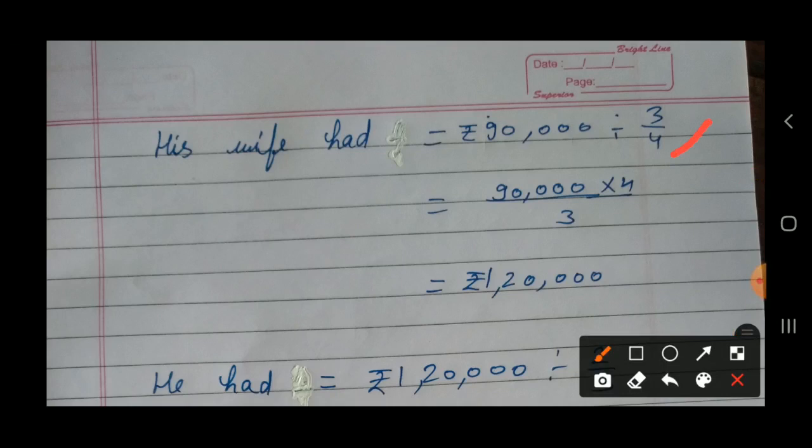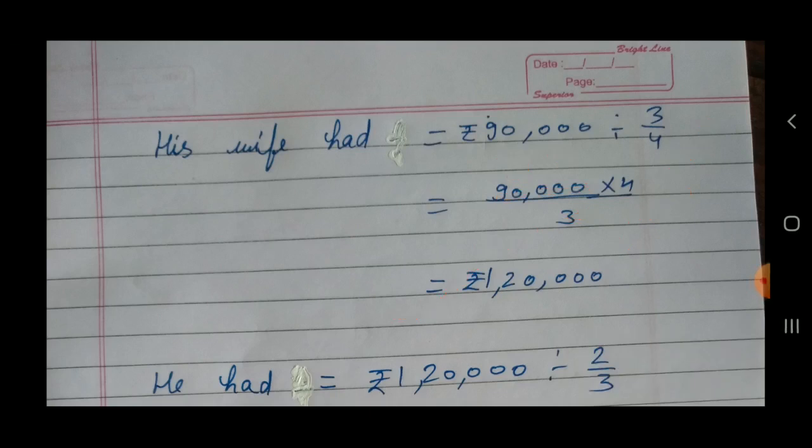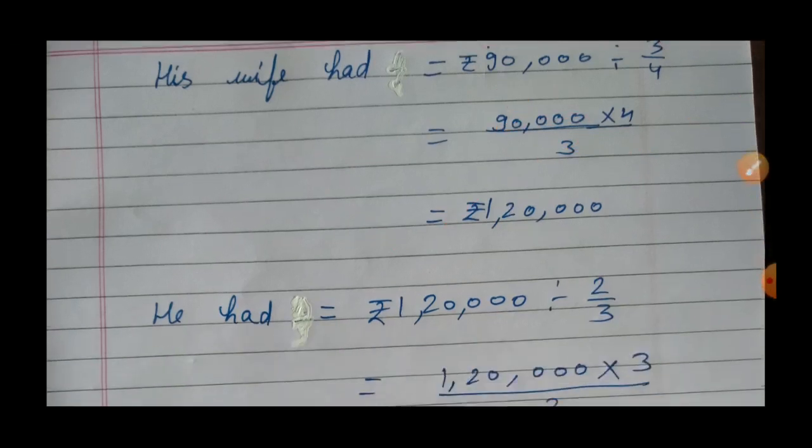Now start the calculation. Replace the sign of division by multiplication, and write the reciprocal of 3 upon 4, that is 4 upon 3. 3 ones are 3, 3 threes are 9, 30,000 multiplied by 4 is 1,20,000. This is the amount that his wife had.